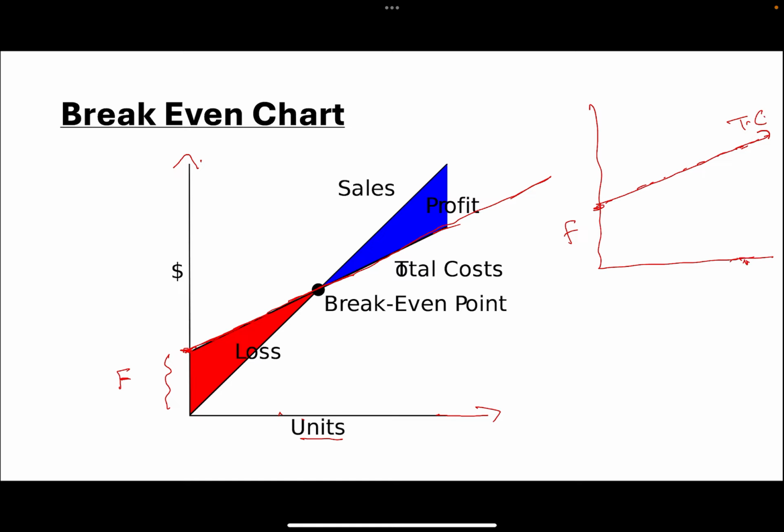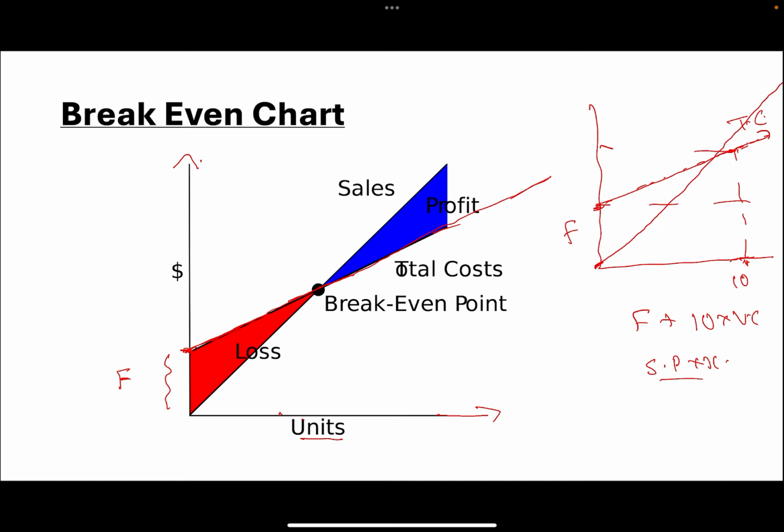If you have sold 10 units, then the total cost will be this fixed cost plus 10 into variable cost. This will be the total cost line. And you are selling the product, so the total revenue you earn will be selling price into X, which will be drawn like this.